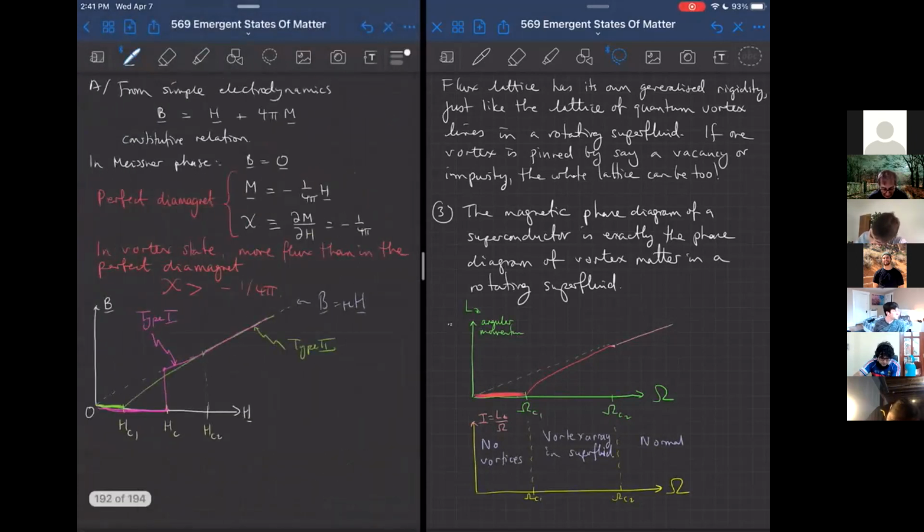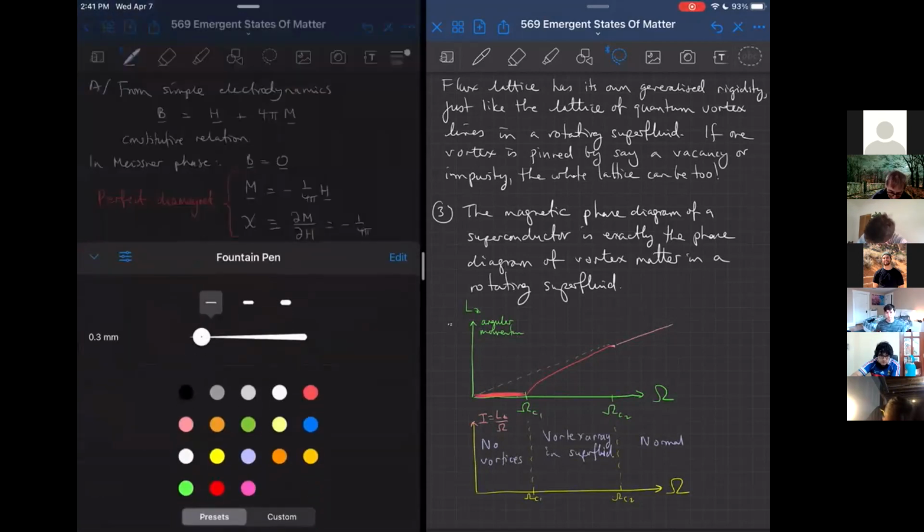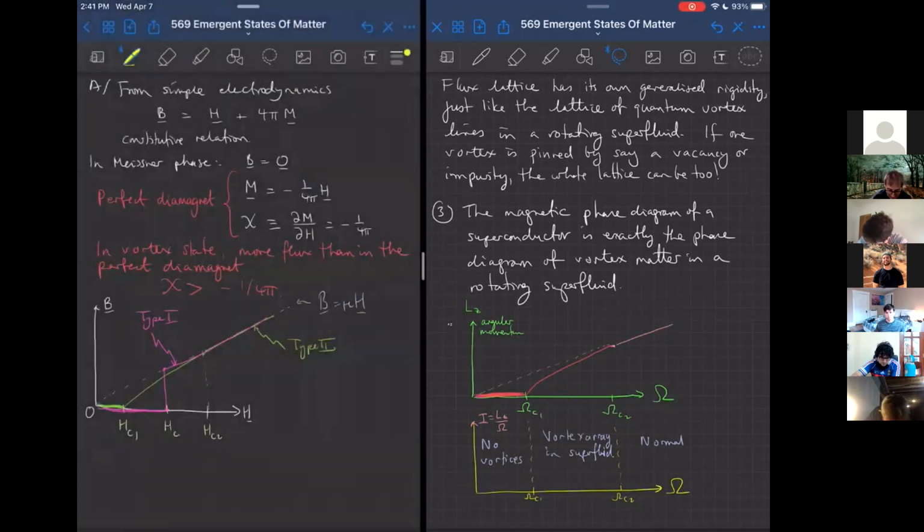Okay, so this is what we have. What I just drew today is a magnetic diagram, and this is the rotating vortex.